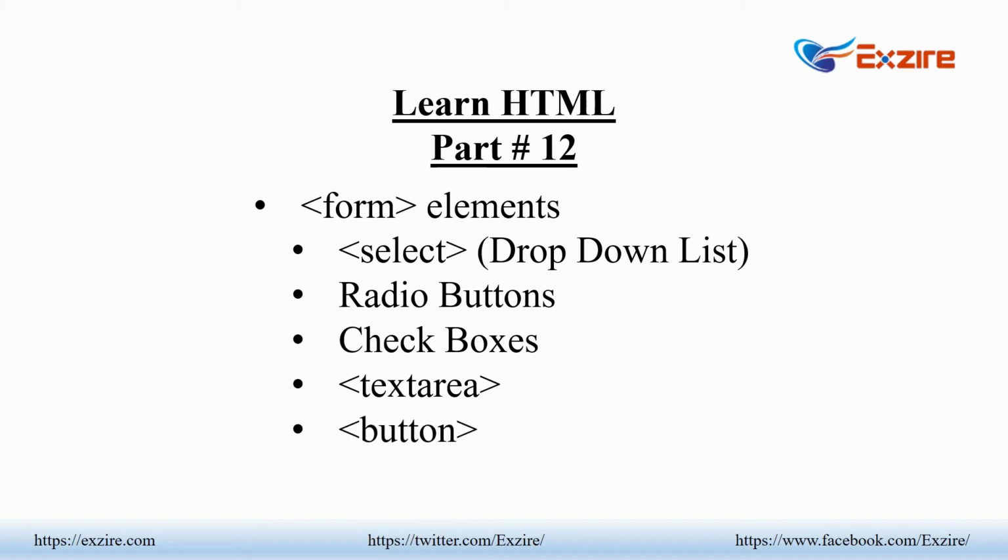A drop down list is basically a list wherein certain options are predefined in the form of a drop down, and the user can select one of them. Then we have radio buttons wherein within a whole group we have multiple options but only one option is selectable. Checkboxes are the multiple option selection feature.